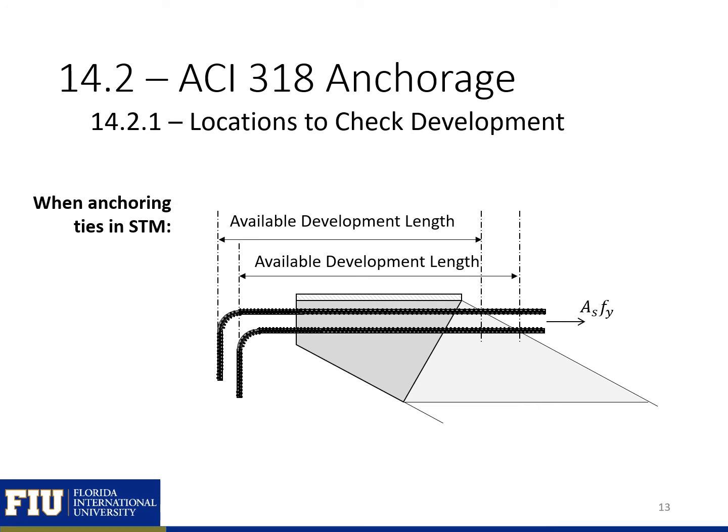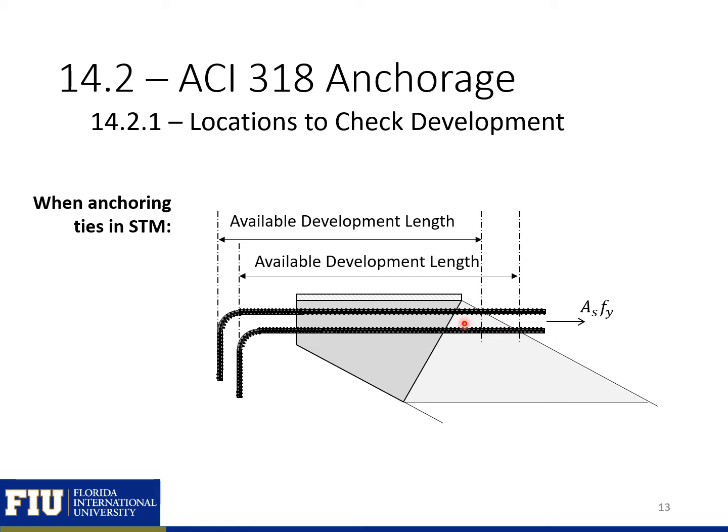The other common location that we've talked about already in this class is when we're anchoring ties in the strut and tie method. So when we have a tie, we're counting on the yield strength of that reinforcement when we exit the extended nodal zone. So right here for the top bar and right here for the lower bar.